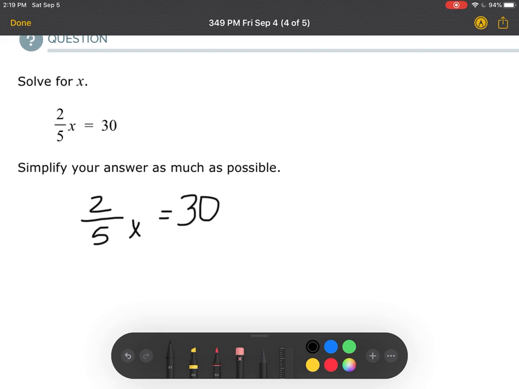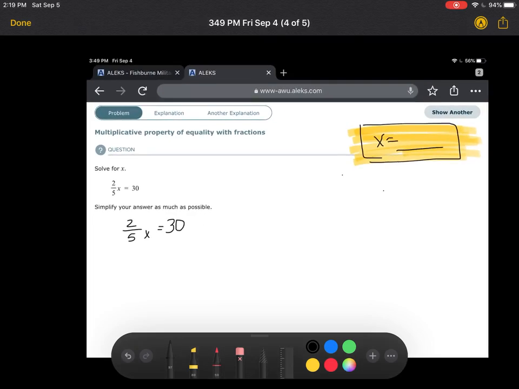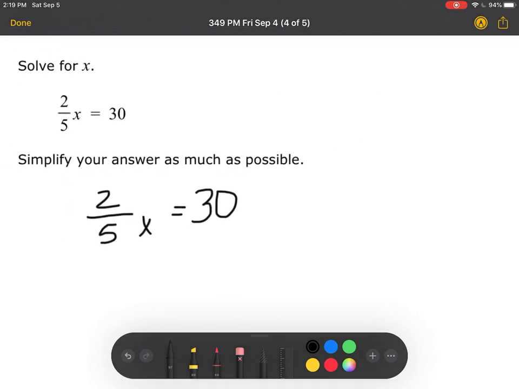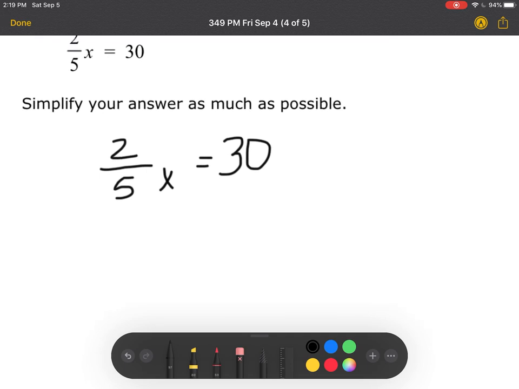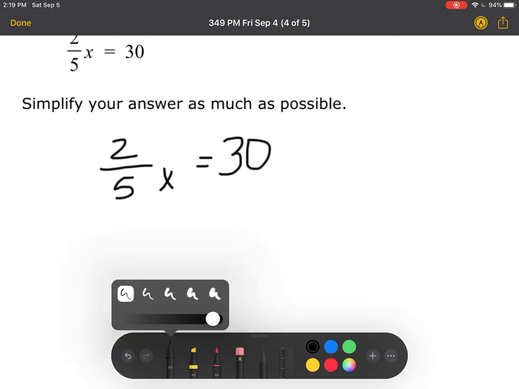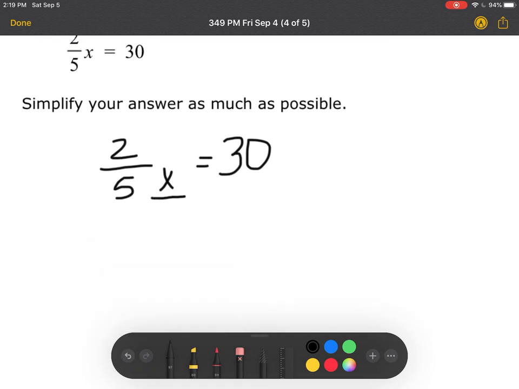Now the goal of this is to get x by itself, which we already sort of talked about. So you have to think about first, what is connected to x? If I'm looking at x, and the goal is to get him by himself, I need to get rid of what is attached to him. So 2/5 is attached to x.